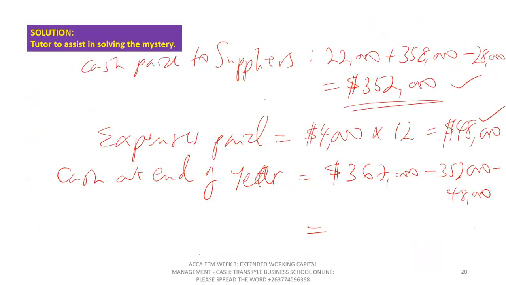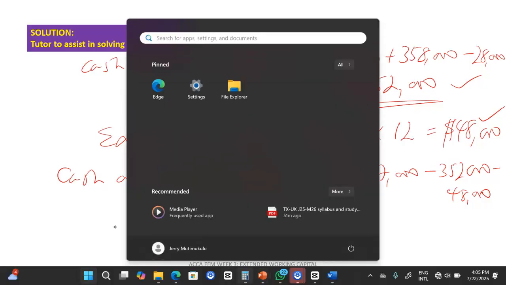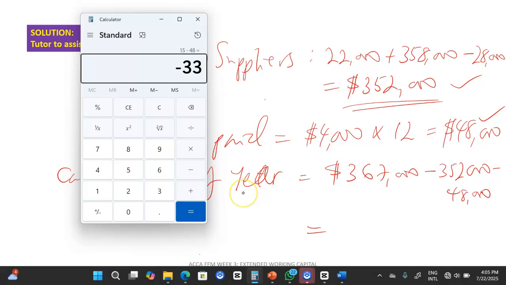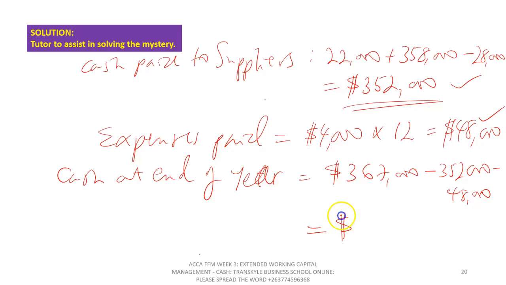Oh, that's 367, right? So, where's my calculator? The same, 367 minus 352 minus 48. Yes.